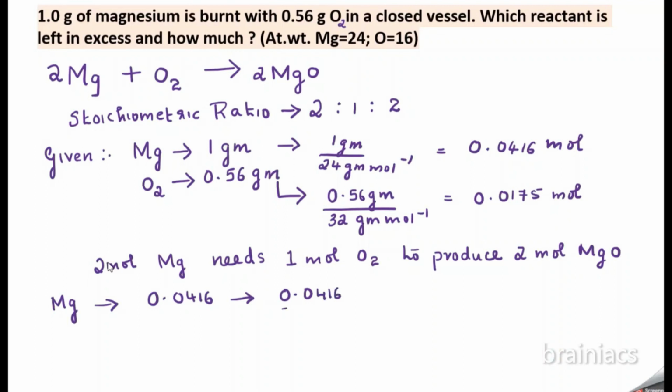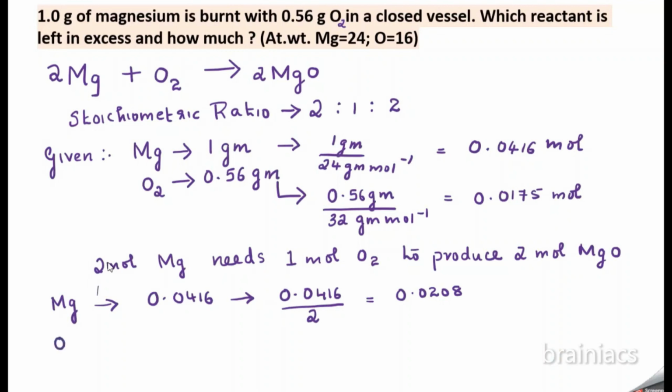Divide by the stoichiometric coefficient. For magnesium it is 2. So tell me how much it will come? 0.0208, correct?